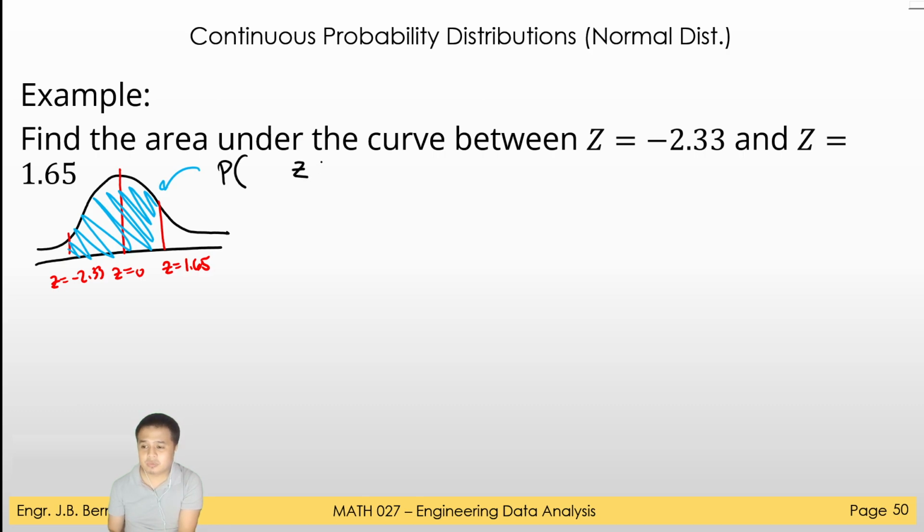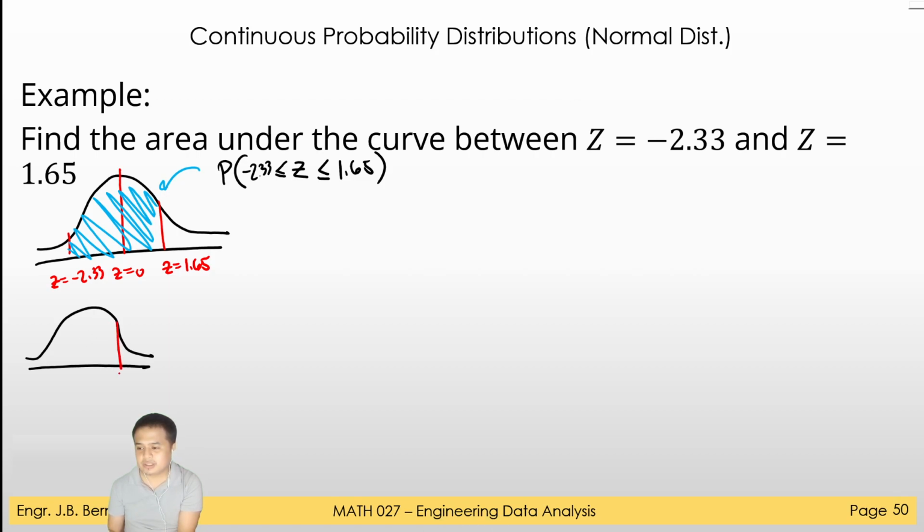So in between, no? So this should be z is greater than or equal to negative 2.33, but less than or equal to 1.65. So to find this area again, we have the subtraction of two values.